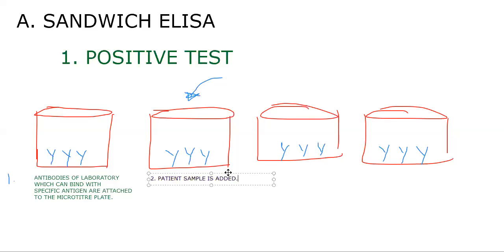So when we add the patient sample, if antigen is present in the patient sample, they bind with the antibody, which I am showing here.